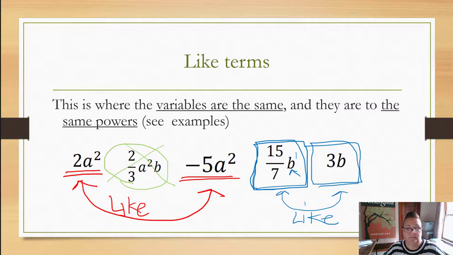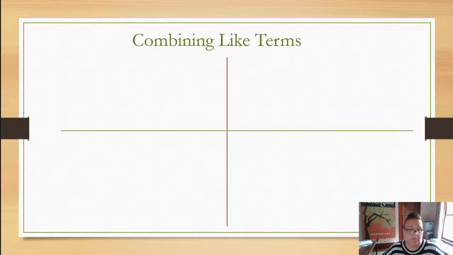All right. We use like terms to combine or simplify our problems. Here I have 4x plus 2 minus 7x. So this 4x is a like term with the minus 7x. You will always take the sign in front.